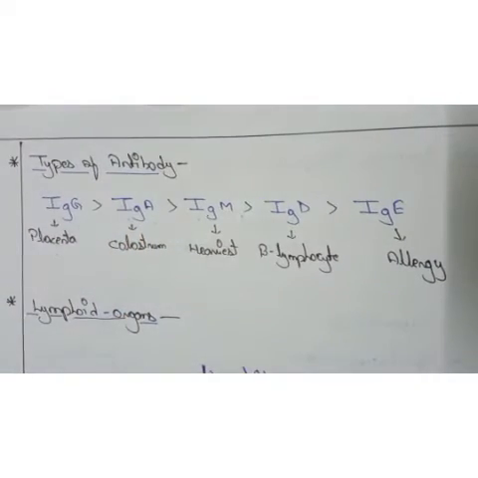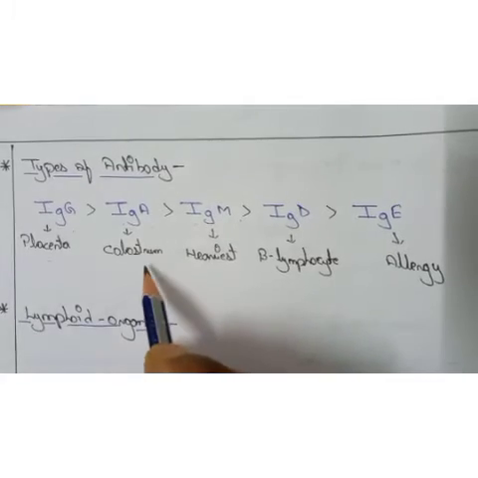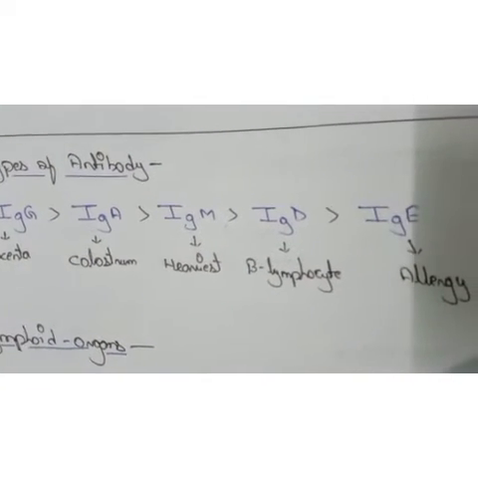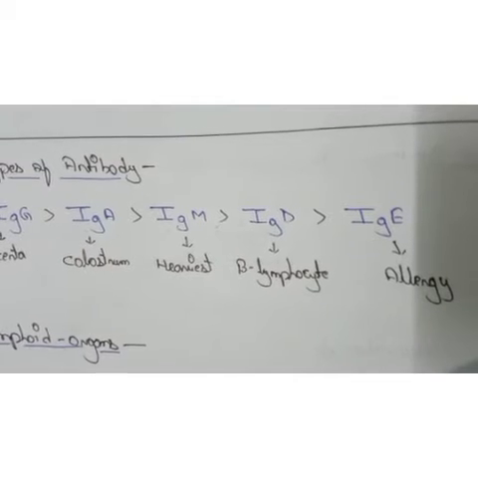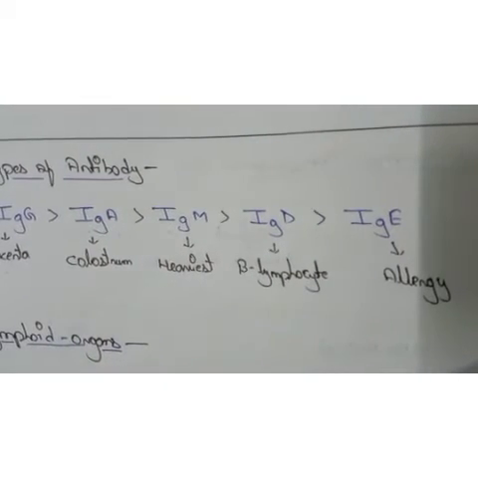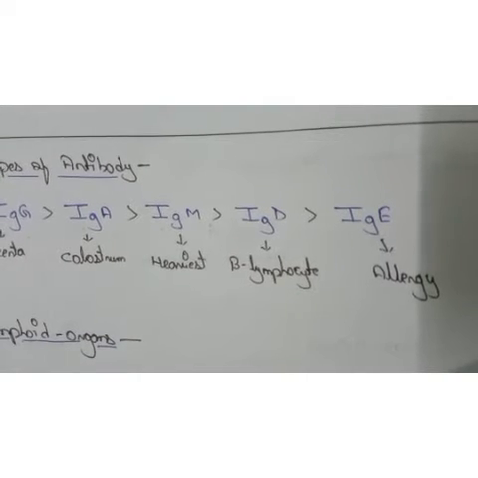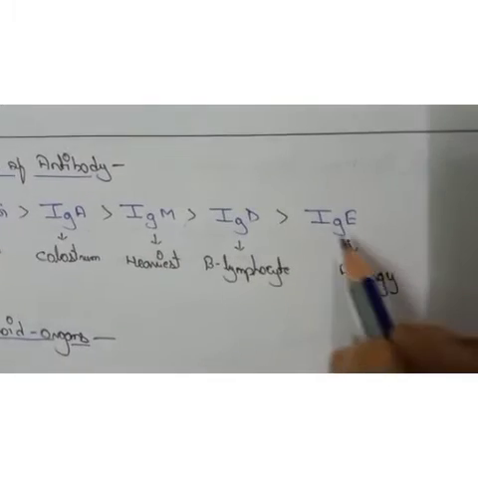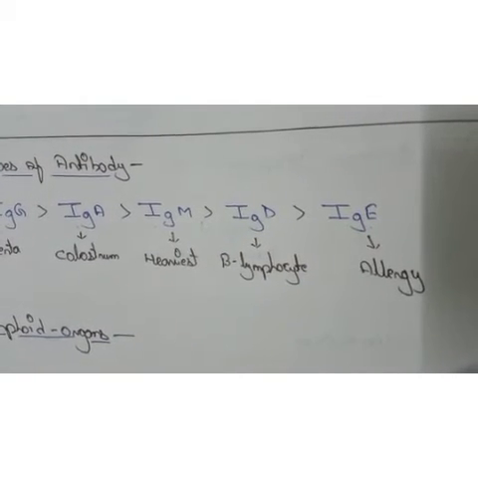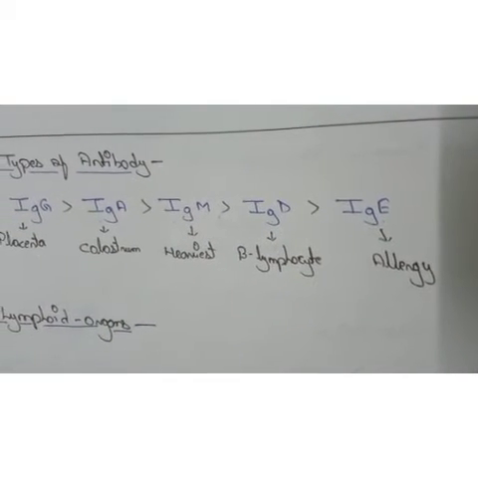IgA is responsible for secretions. IgM is the heaviest. IgD is responsible for B lymphocyte activation and IgE is responsible for allergy.